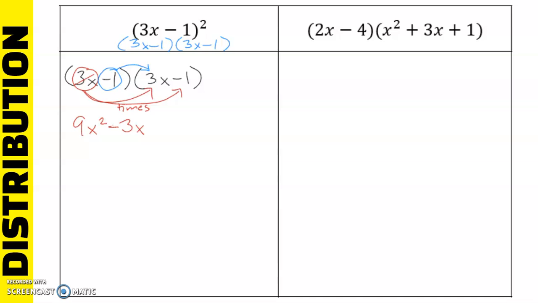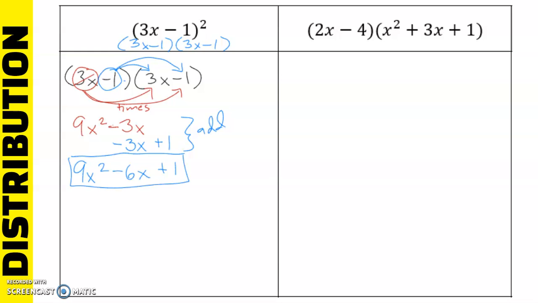Negative 1 times 3x is negative 3x. Line up with my other x's. Negative 1 times negative 1 is positive 1. It's its own group because it's a constant. And I've multiplied everything in the first group times everything in the second group. I'm ready to combine like terms. So 9x squared, negative 3x and negative 3x is negative 6x plus 1.